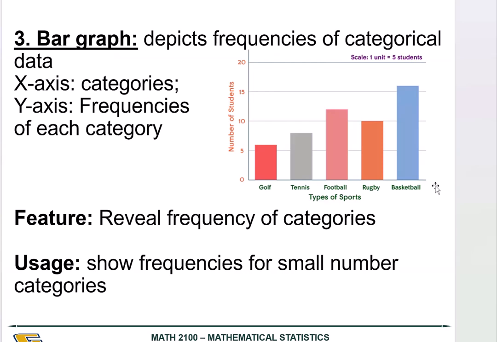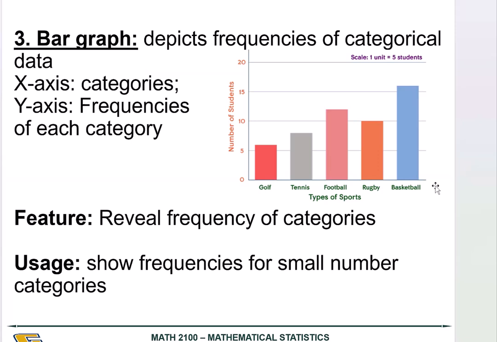And then we have a bar graph, which helps to depict the frequency of a category of categorical data. The x-axis is the categories, the y-axis is the frequency of each category. We did see it in the first chapter when we took a quick look at how we can represent qualitative data.